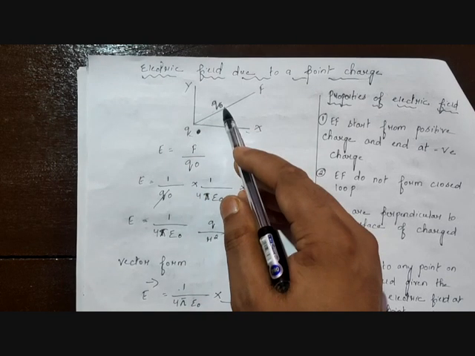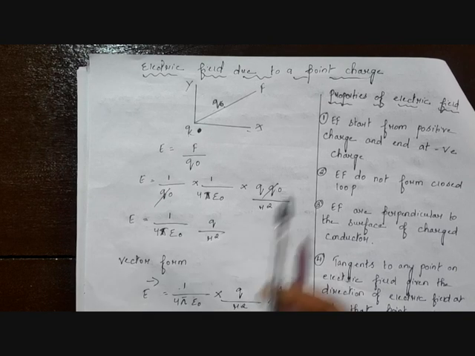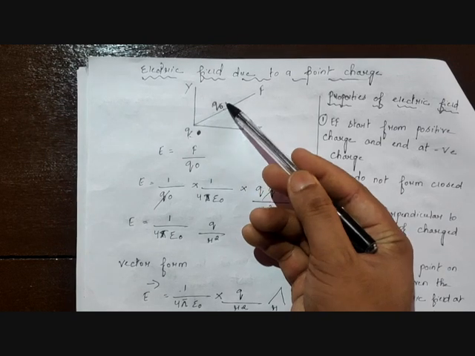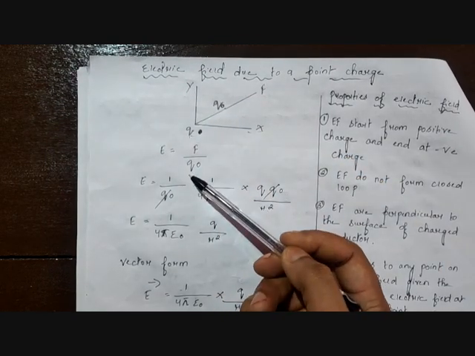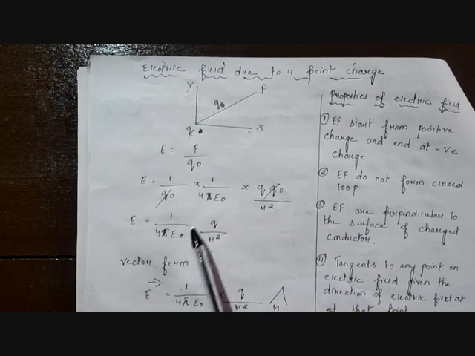And this is the test charge. Test charges are those which experience the electric field given by the source charge. Obviously it will experience a force. So what's the formula for electric field, force by charge? So easy. What's the formula?